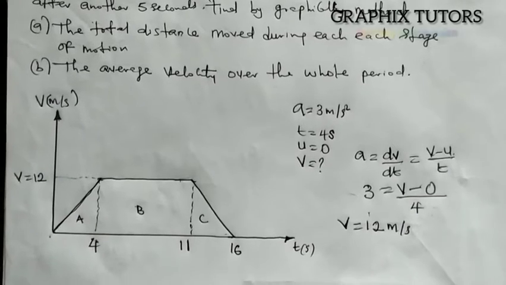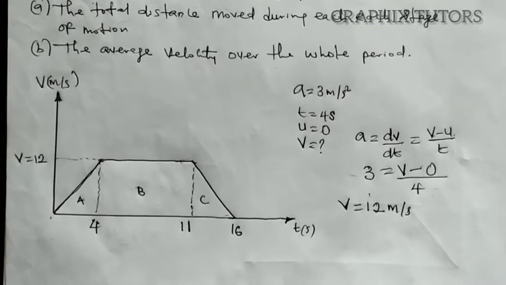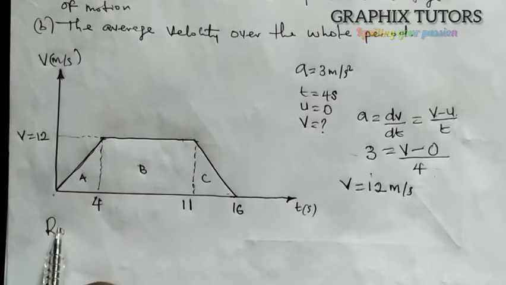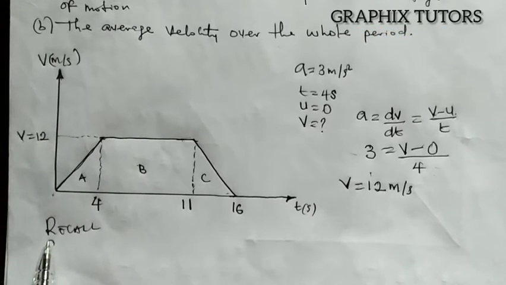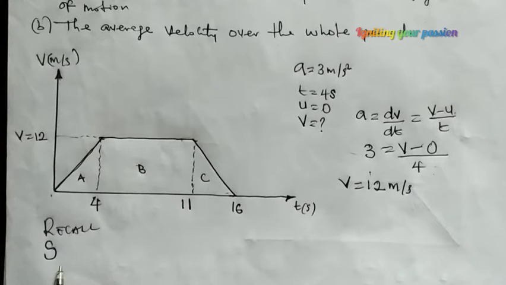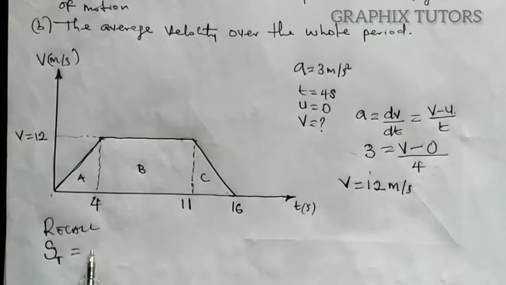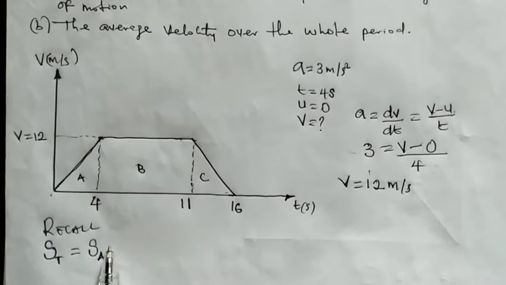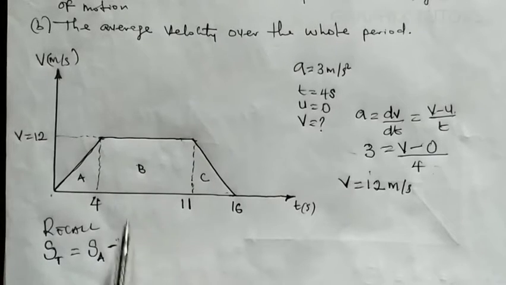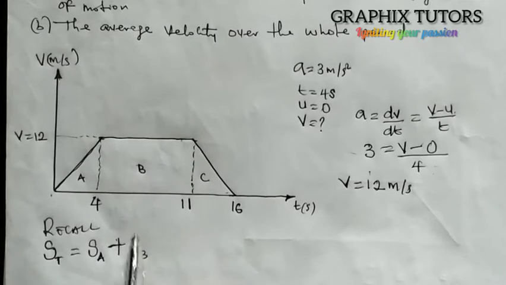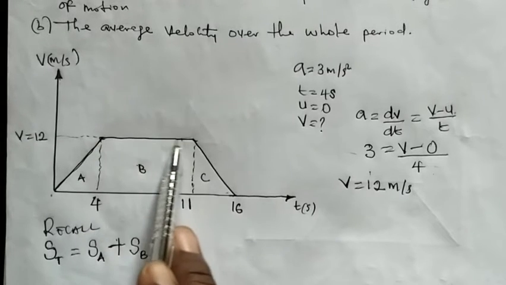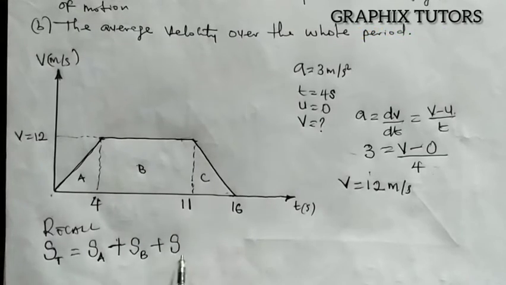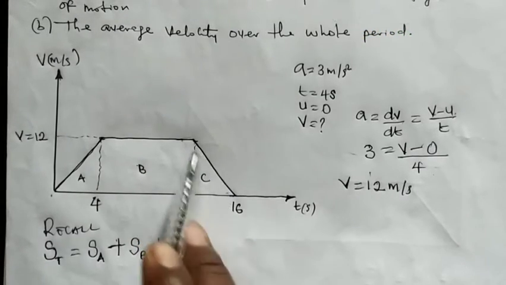Now from here, what you simply do is this. You're going to write, recall, the total displacement or total distance t is equal to the distance traveled at stage A, which is when it's accelerating, plus the distance traveled at stage B, that is when the velocity is constant, plus the distance traveled at stage C, that is when it is retarding, it's decelerating.